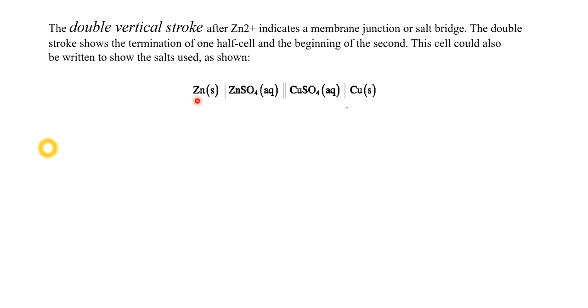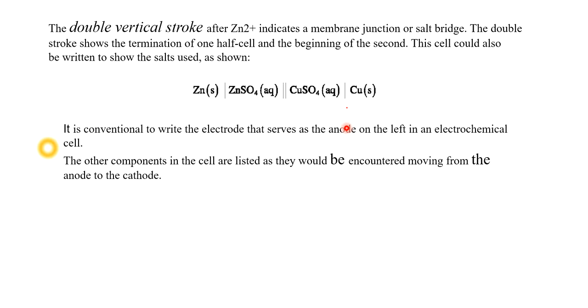Here, the same way, you start from zinc, an electrode, then separate it by a line, and you enter the aqueous phase where you see the salt, and then the salt bridge represented by a double vertical line. Then you come to another salt, and the electrode. I will tell you that conventionally we usually write the anode on the left side.